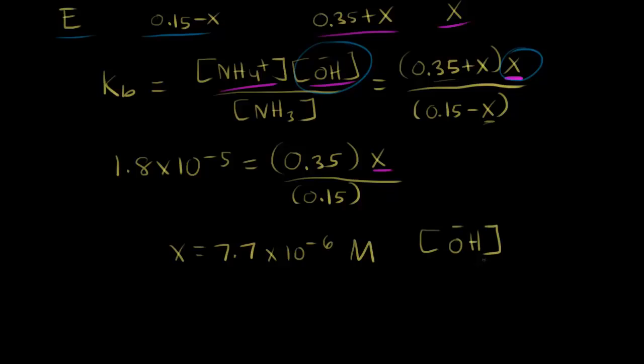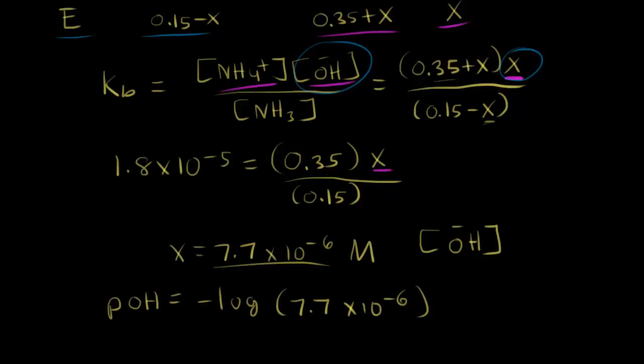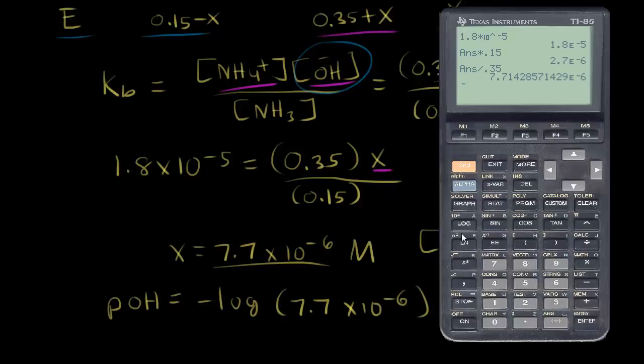Our problem wanted us to calculate the pH. So if we know the concentration of hydroxide ions, we can find the pOH, right, by taking the negative log of the concentration of hydroxide. So we have the negative log of 7.7 times 10 to the negative 6. And this gives us the pOH, where we round to 5.11.